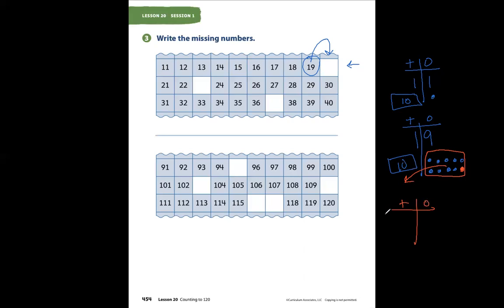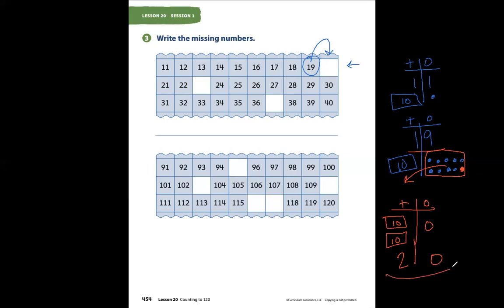I would now have 2 tens in my tens place and 0 in my ones place. So the number after 19 has 2 tens and 0 ones. So what number comes after 19?